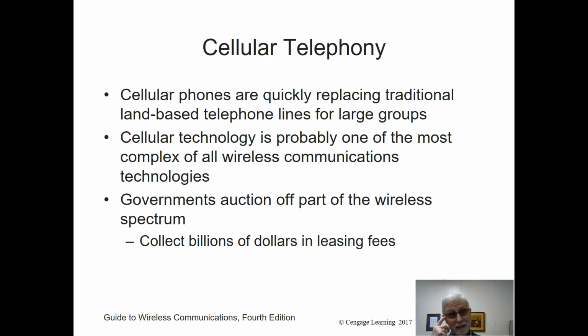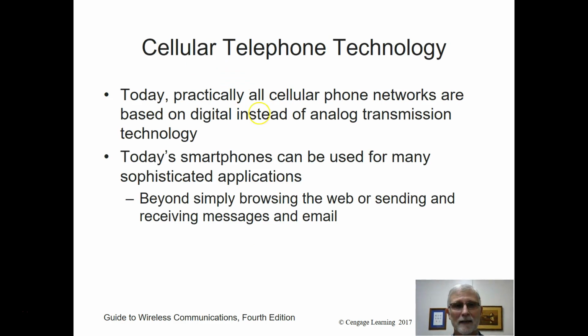So it was great for the government. The companies needed it because they wanted service. And there was quite a few people out there who said, hey, I can make some money at this. So it's changed a lot.